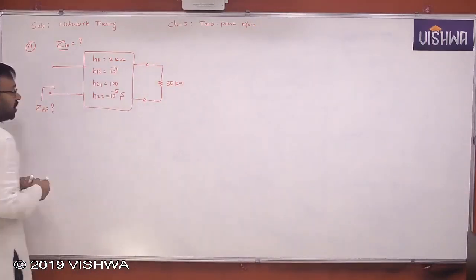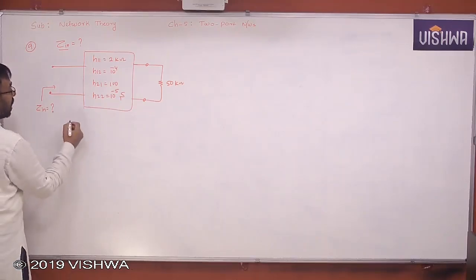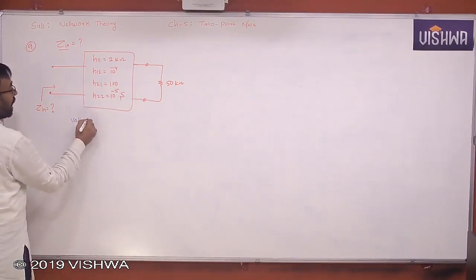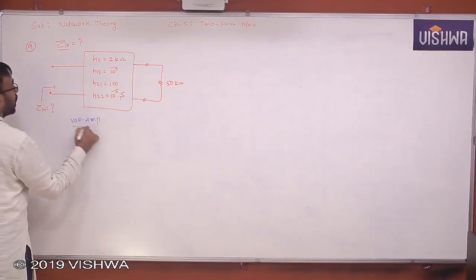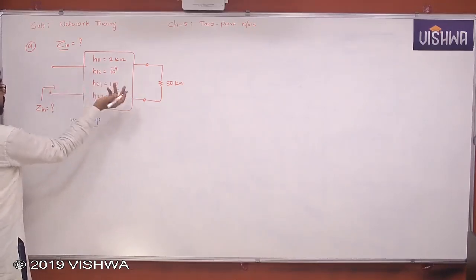So what is the procedure to find Zin now? You are left with only one option, that is what? Volt amp method. Yes or no? So according to volt amp method, suppress all independent sources. But here there is no independent source at all.